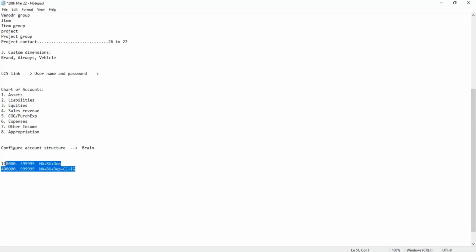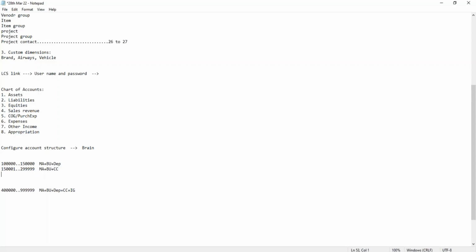Is it only two structures I need to create? No. Suppose I can create like this also: 150000 and one more, 150001 to 299999, if I want main account plus business unit plus cost center only.